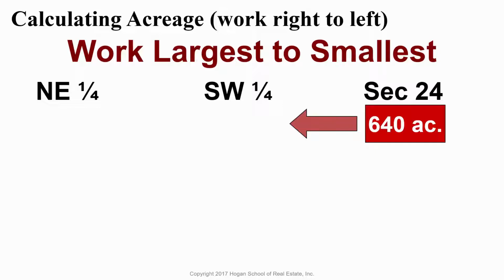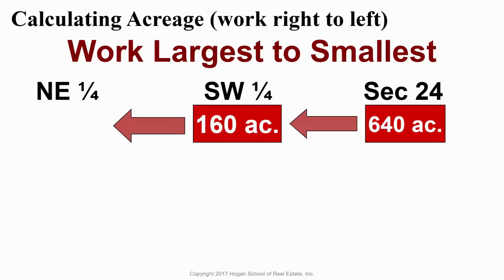And working to the left, any quarter, I don't care whether it's the southwest quarter, the northeast quarter, or whatever, 1/4 of 640 acres is 160 acres. And then working further to the left, the northeast quarter of 160 acres would be 40 acres. So that parcel, the northeast quarter of the southwest quarter of section 24, would be 40 acres.